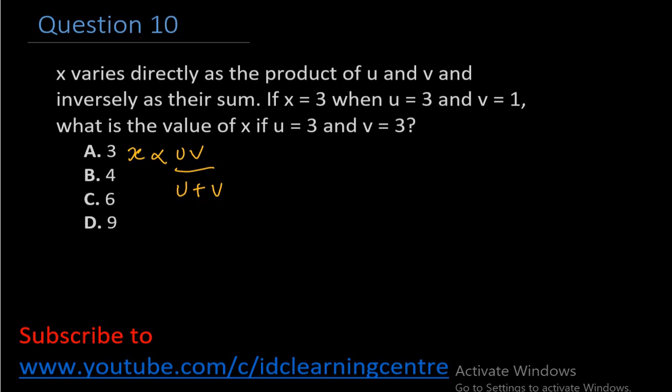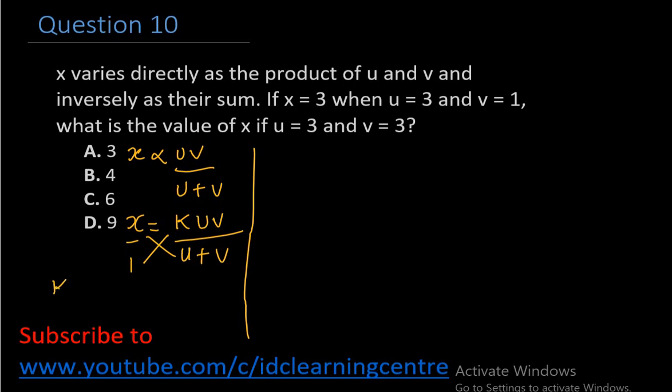So let's insert the constant. X equals the constant of proportionality K, UV over U plus V. Now let's find K. To do that, we make it the subject of the formula. Let's cross multiply. KUV equals X times U, XU, plus X times V, XV. Or we can just say X bracket U plus V, to show that X is multiplying both of them.